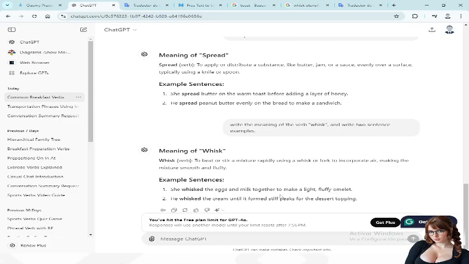Example: he whisked the cream until it formed stiff peaks.